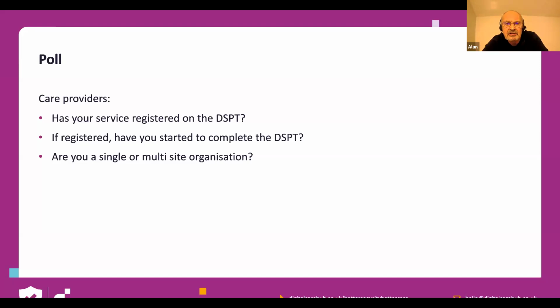Those that have registered, have you started to complete? Again, it's the same kind of percentage. And in terms of how you would describe your organisation, we've got exactly a 50-50 split between multi-site care groups and single-site service. I'll explain why that matters as we move through the programme this afternoon.